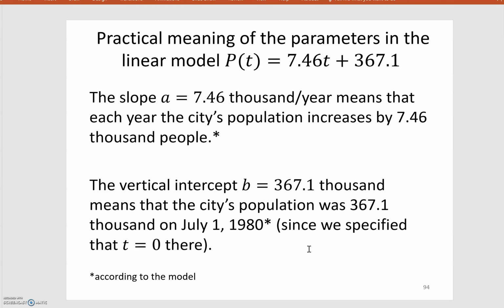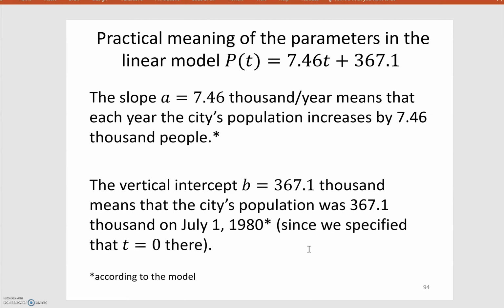Okay, so what does the slope mean for this function? Well, remember that this function is modeling population as a function of time, elapsed time. And so the slope is the change in population over the change in time. So if it's 7.46, that means 7.46 thousand people per year are added to the population.